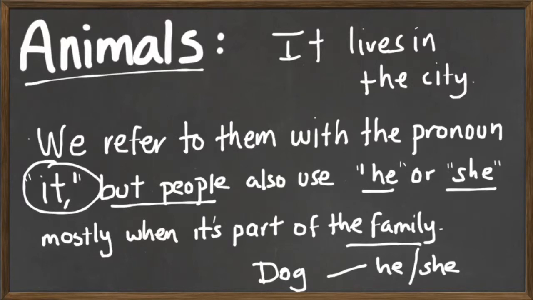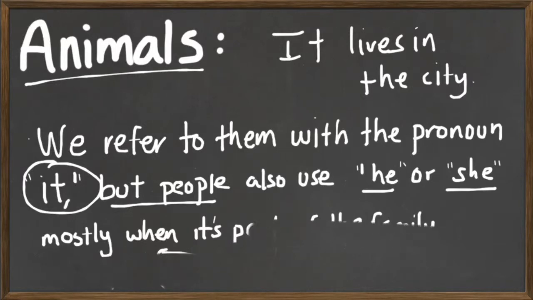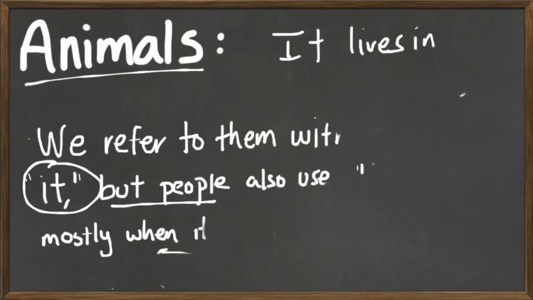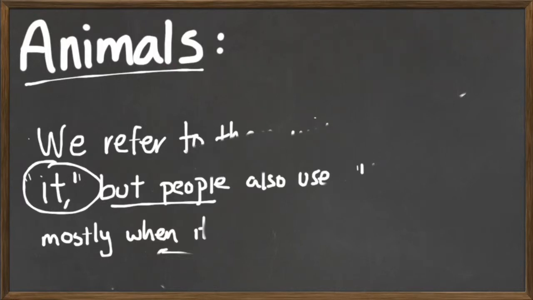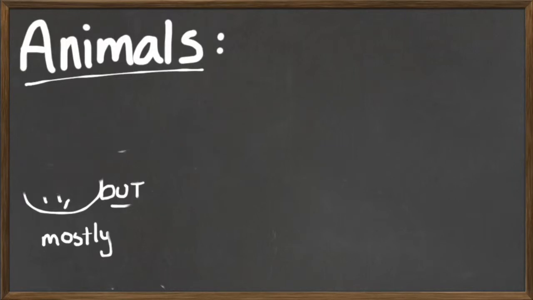Another important thing that I forgot to mention is that if it's plural, and we're talking about animals, we will refer to them with they. For example, if we're talking about dogs, let me erase this a little bit. Okay, so we have the area a little cleaner. Much better.